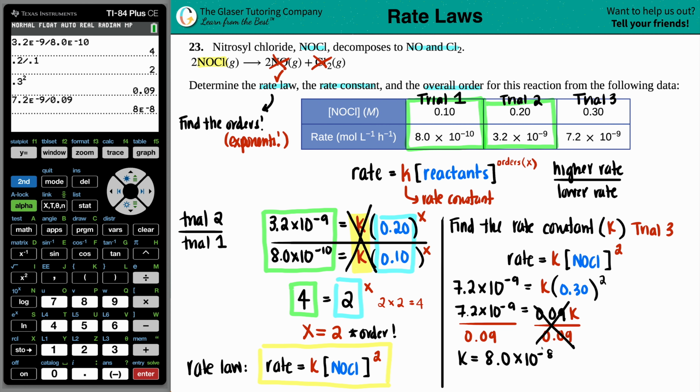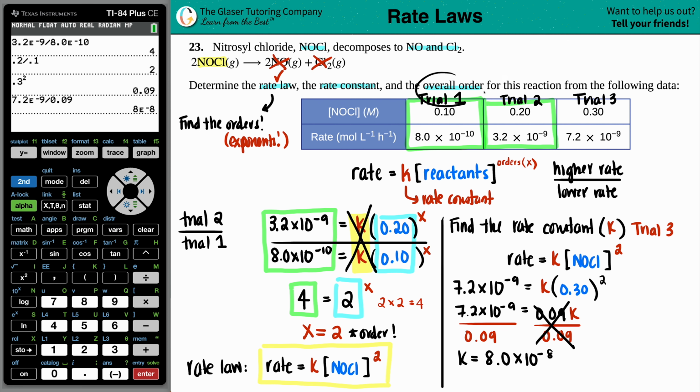Now, the tricky part with K values is that we need to find the right units. Generally speaking, there is a trend for the units of K. So maybe I'll put up here the secret units for a K value given your overall order.